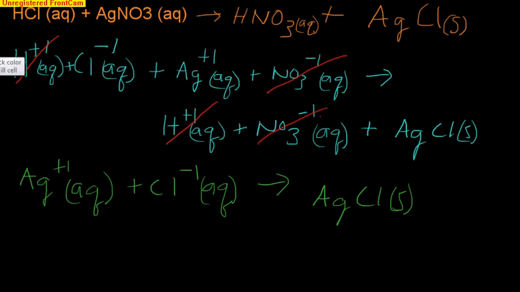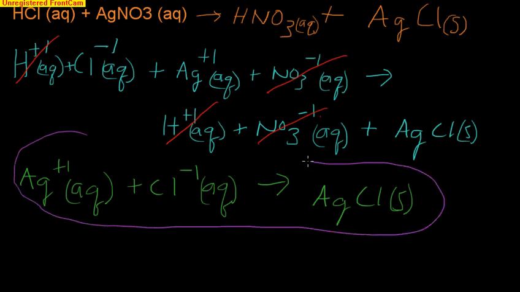So if someone were to ask, what is the balanced net ionic equation to this particular problem, this is your answer. This is the net ionic equation for this. One other thing that we can look at, because AgCl is a solid and it is not soluble, AgCl is what's referred to as a precipitate.